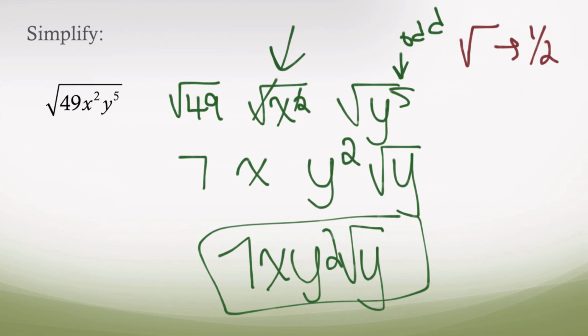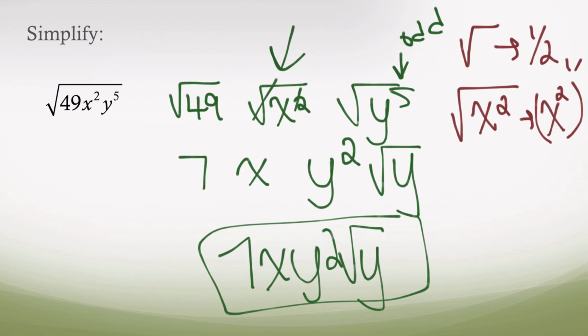So if I had the square root of x squared as I did before, it's really x squared to the 1/2 power. Remember our rules of exponents. When I have a power raised to a power, I multiply them together. That gives me x, same as what I have here.